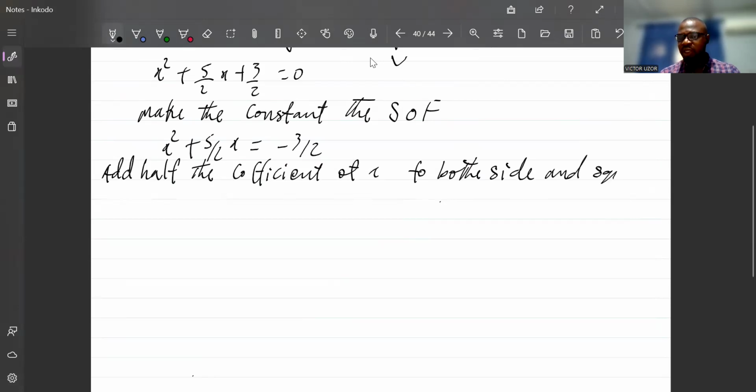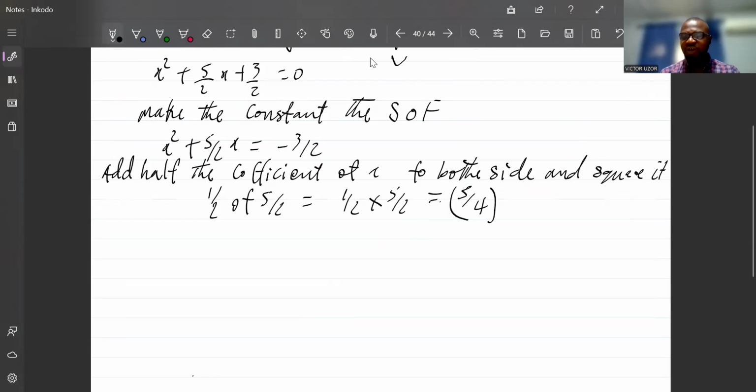In this case, the coefficient of x is 5 over 2. Half of it is 1 over 2 times 5 over 2, which will give me 5 over 4. So this is what I should square. If I square it, it becomes 5 over 4 squared.